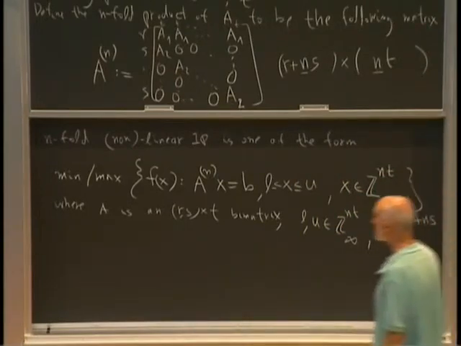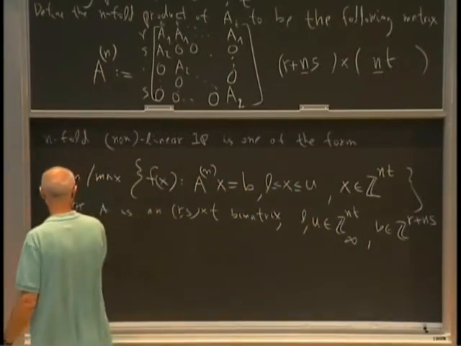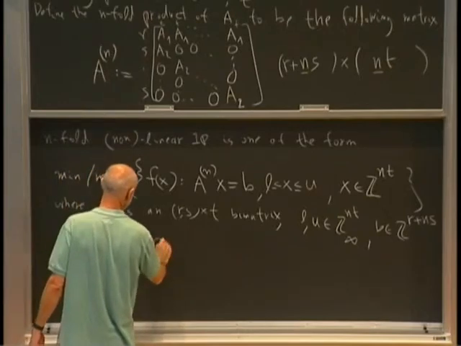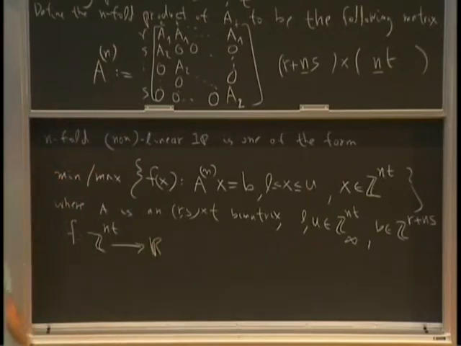And f is defined as some function from Z^(nt) to R, let's say. This is an n-fold, an arbitrary nonlinear n-fold integer programming problem. And the claim is that we are going to be able to solve this problem.